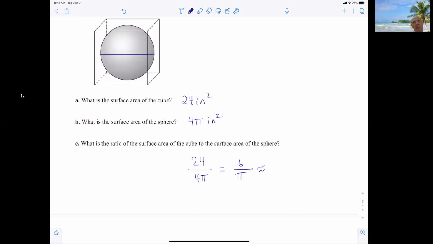So you can say it's about 2 to 1, which kind of makes sense. But it's exactly what? When you do 6 divided by pi, what's that? 1.909. Yes. Thank you. So it's approximately twice as much area. The cube has twice as much area as the sphere.